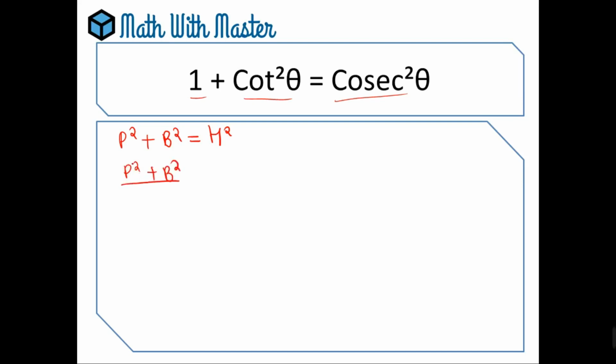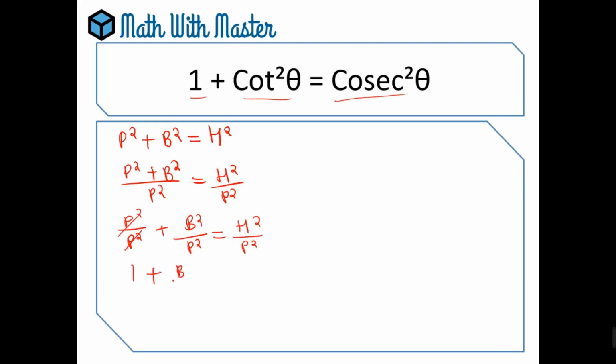It will come perpendicular squared plus base squared upon perpendicular squared equals hypotenuse squared upon perpendicular squared. Now split the terms on the left side: perpendicular squared upon perpendicular squared plus base squared upon perpendicular squared equals hypotenuse squared upon perpendicular squared. Here perpendicular squared cancels and it becomes 1.